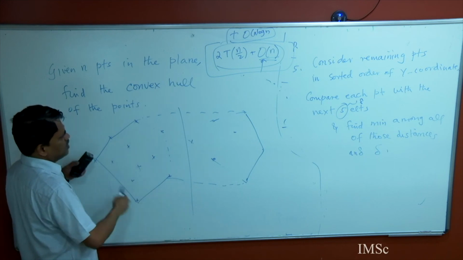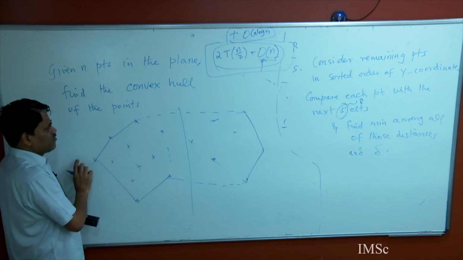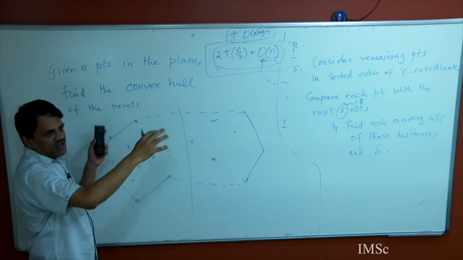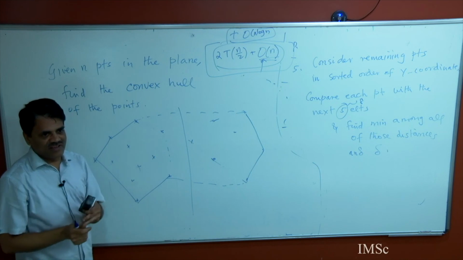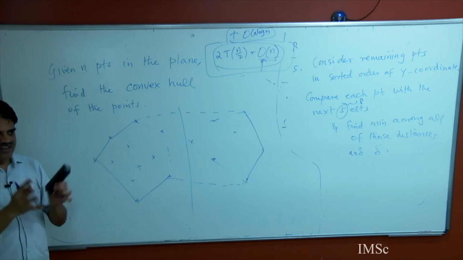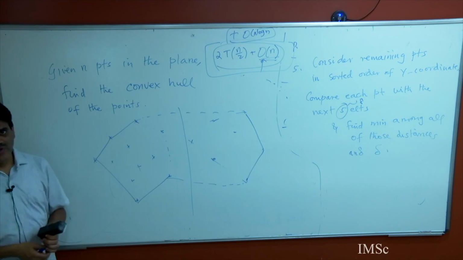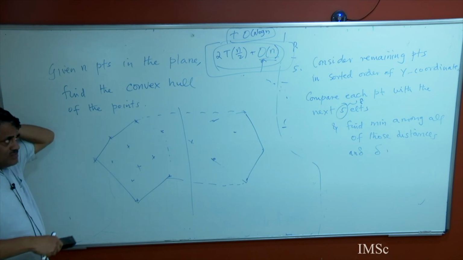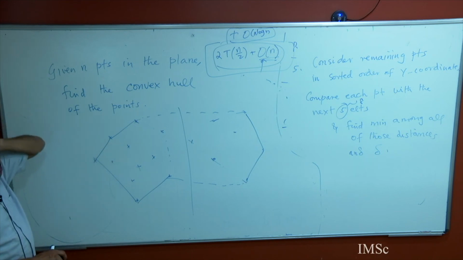So divide it into two halves, find the convex hull recursively, and then there are some clever ways of running through these points, doing some scans, looking at the angle by which they are turning, and using all these ideas you can merge these two in linear time. Convex hull is another well studied problem in geometry. I'm not going to say more about this algorithm.